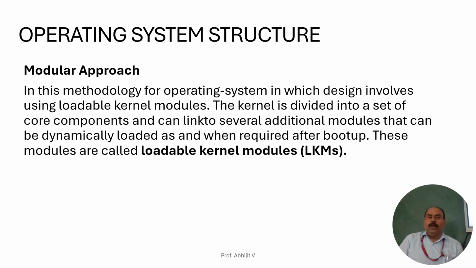The next approach towards creating an operating system structure is called the modular approach, where we have loadable kernel modules. These are different from microkernels because you have modules, but each module is separately loaded in the kernel. Understand?